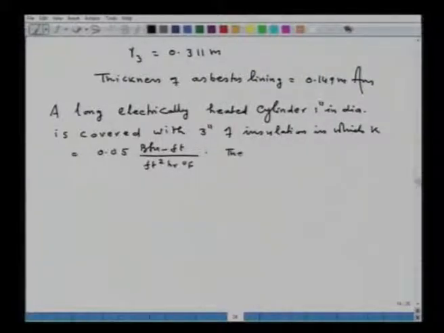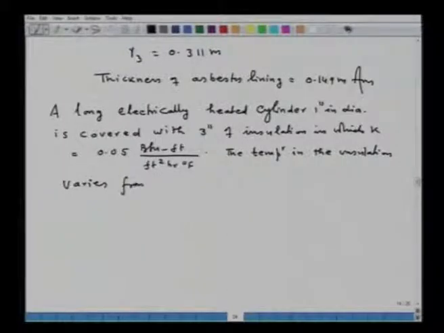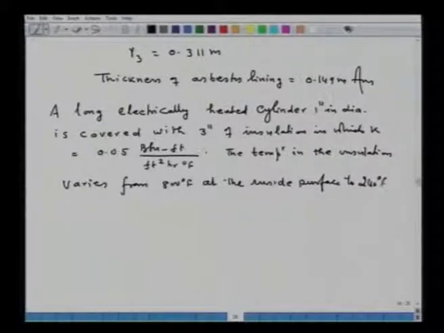The temperature in the insulation varies from 800 degrees Fahrenheit at the inside surface to 240 degrees Fahrenheit at the outside surface.